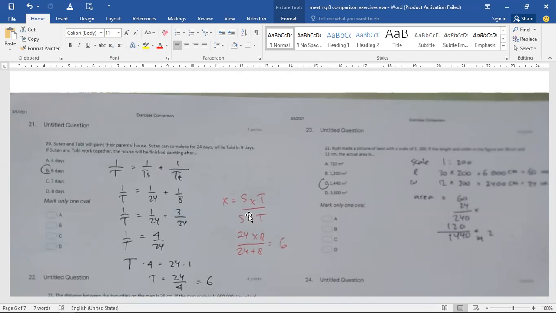So I have two methods here. The first one is 1 per time equal to 1 per time for Sultan plus 1 per time for Topi, like 1 per t equal to 1 per 24 plus 1 per 8.